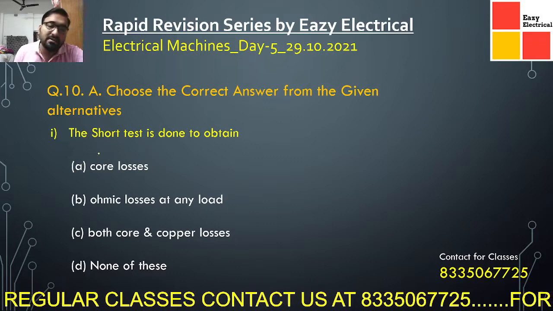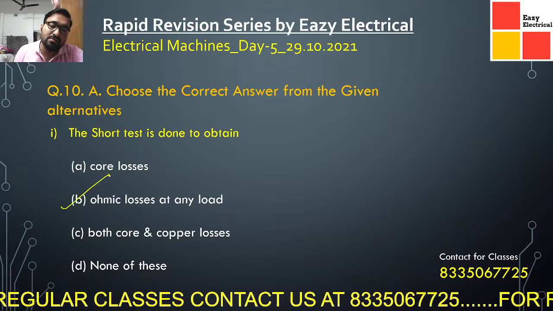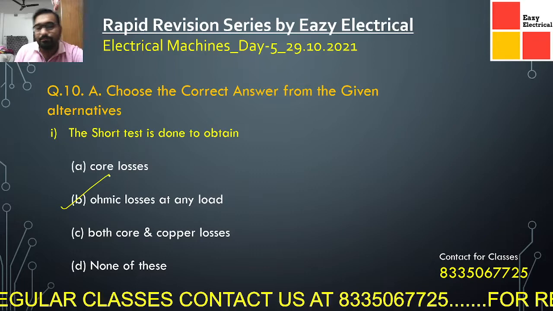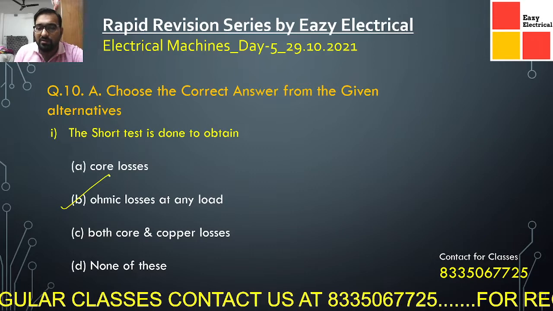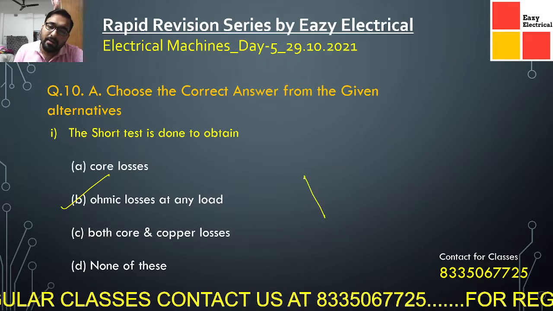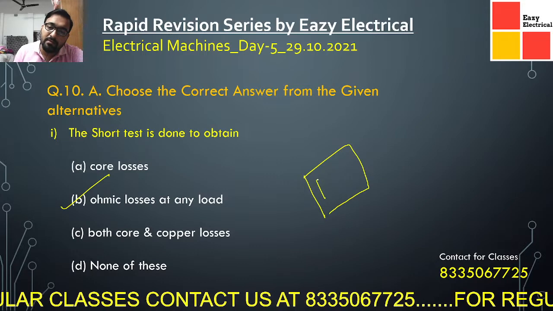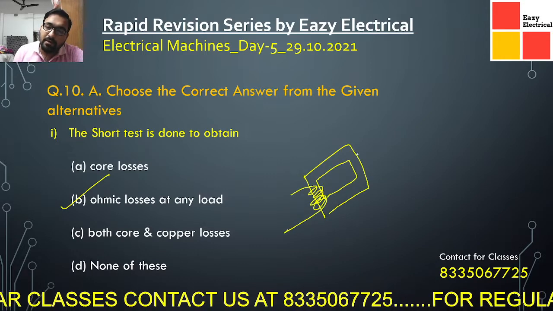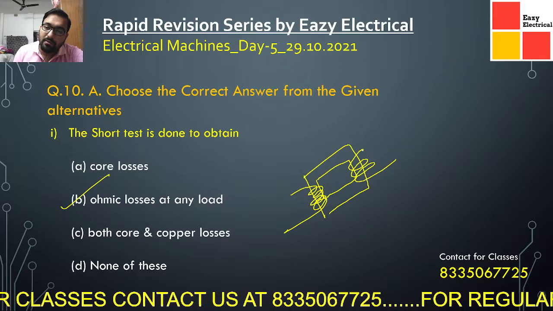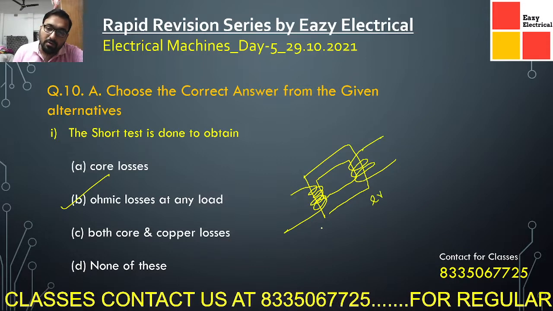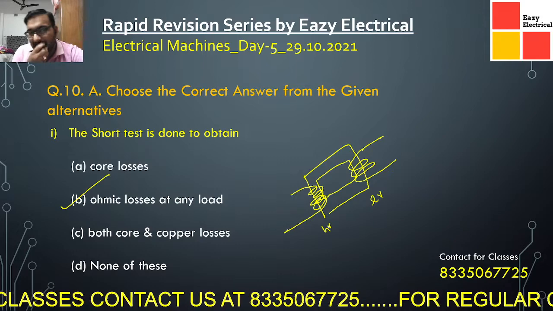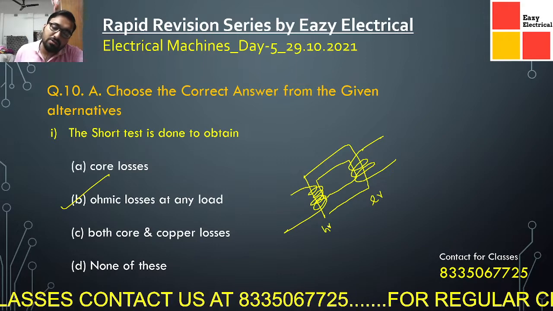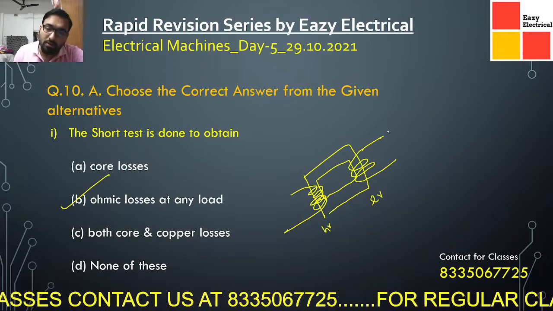Now, the short circuit test is done to find ohmic losses at any load. Suppose we have one transformer, with a low voltage side and a high voltage side. For the short circuit test we prefer to short the low voltage side. Why?